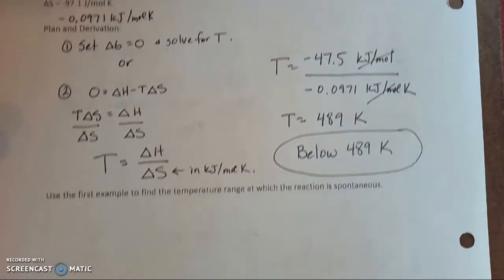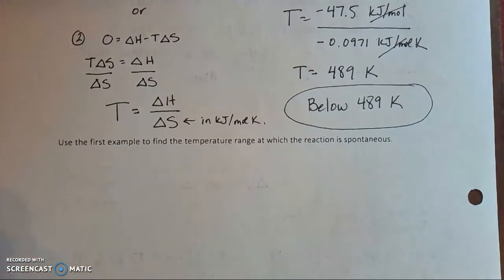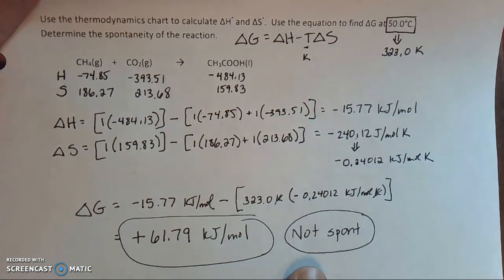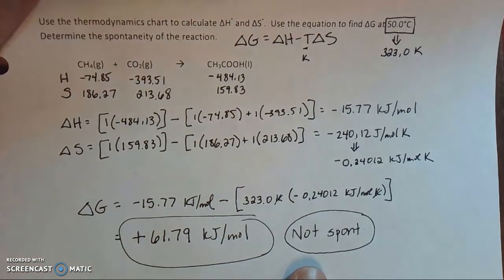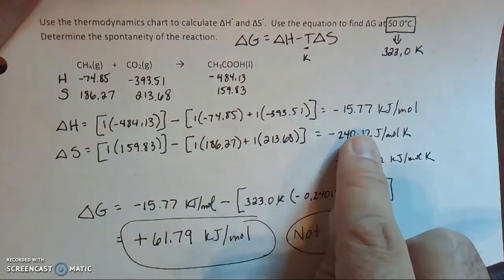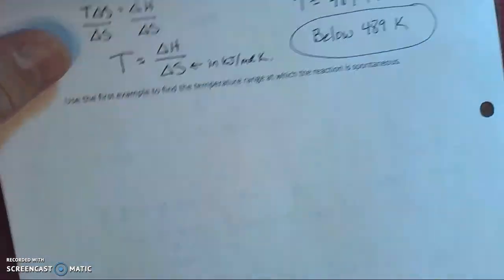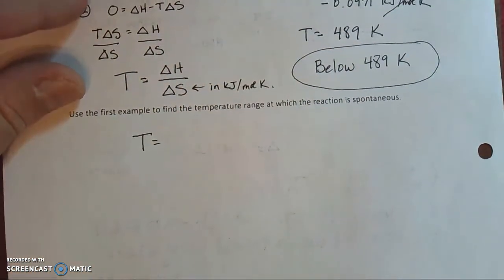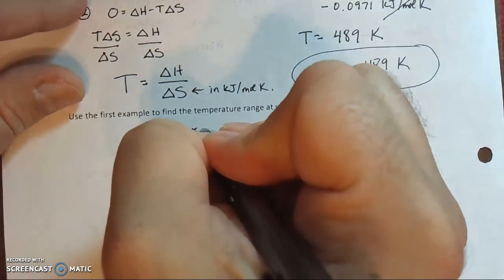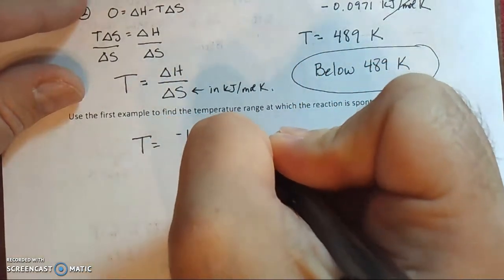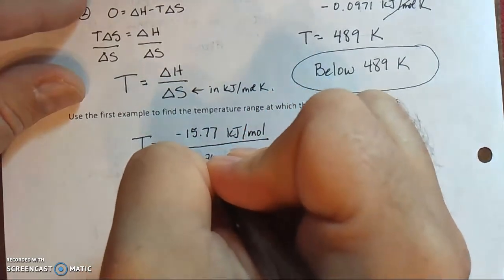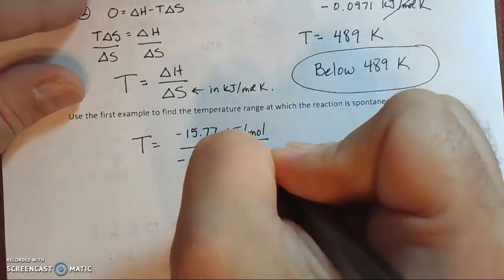So let's use the first example that we did on video number 3, this one. So we're going to calculate at what temperature this becomes spontaneous. So they're both negative. So on this one, and I'm just using the values from that one, we had negative 15.77 kilojoules per mole over negative 0.24012 kilojoules per mole Kelvin.